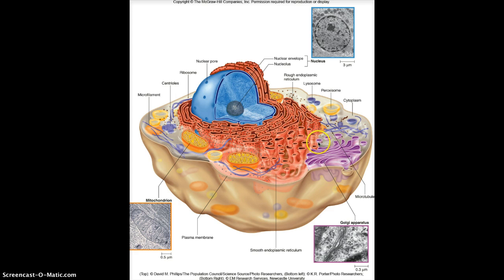Okay, next we've got the Golgi apparatus. So when vesicles bud off of the endoplasmic reticulum, often they will travel to this structure called the Golgi apparatus. And this is again long sacs of membranes, although it's a little smaller than the endoplasmic reticulum.